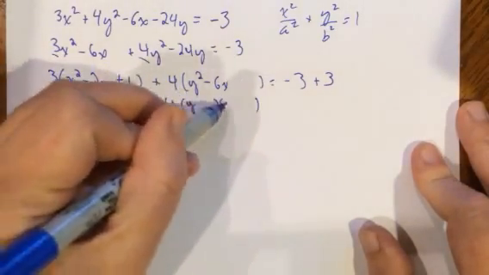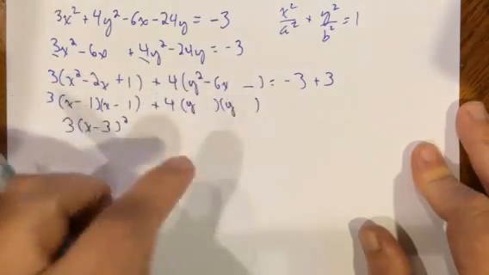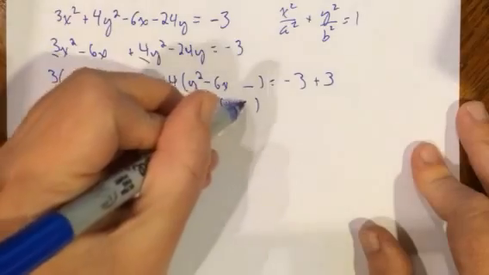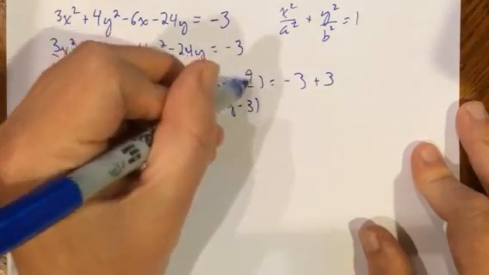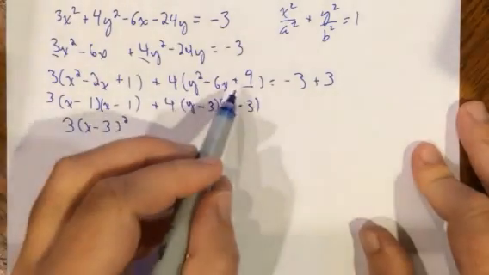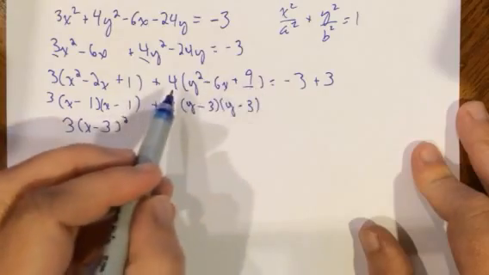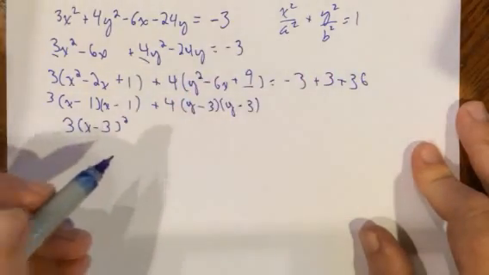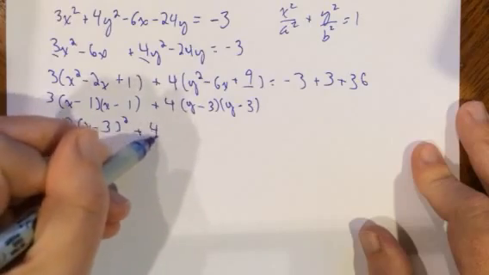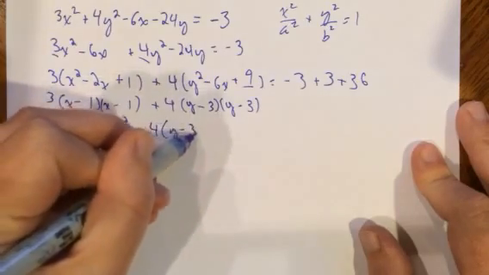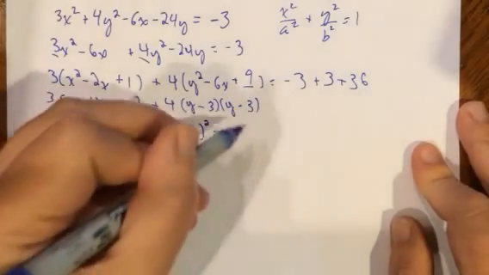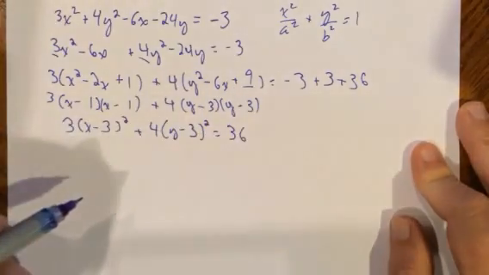So y and y. Don't know this number, but the same number that adds to 6 would be 3, so I want this to be minus 3 and minus 3. So I need a plus 9 here. Of course, I'm not actually adding a 9, I'm adding a 9 times 4. So plus 36 here. So this is now a perfect square. Y minus 3, whole thing squared, equals negative 3 plus 3 is 0, plus 36 is 36.